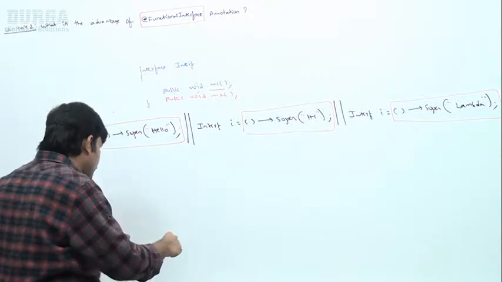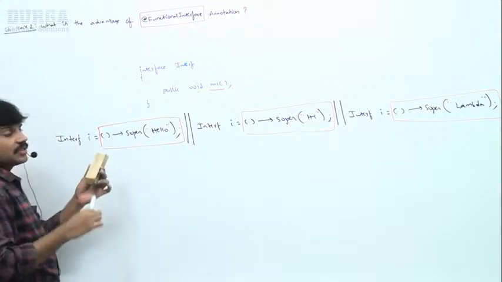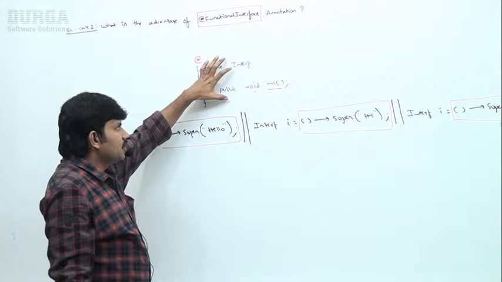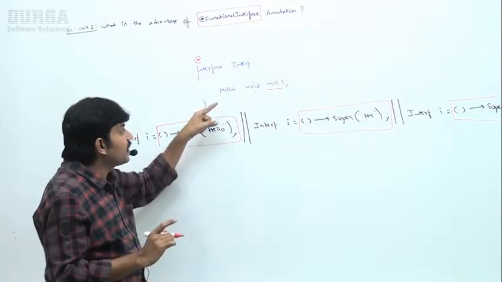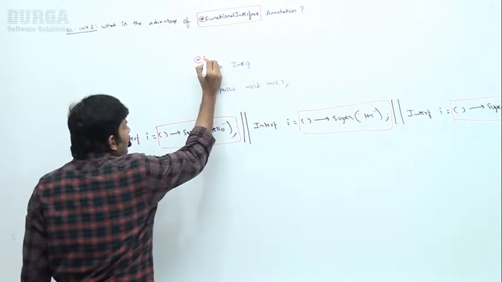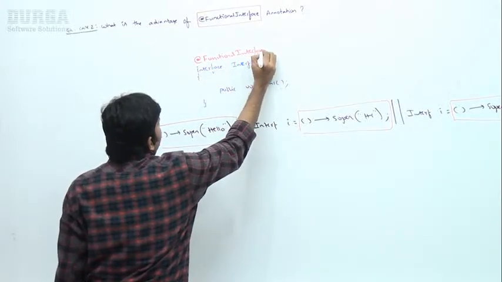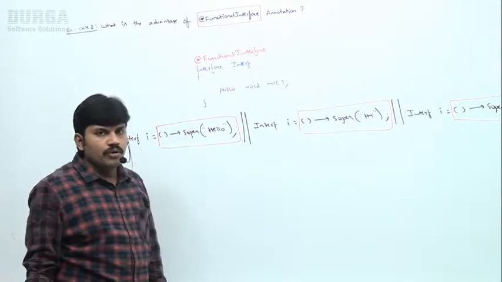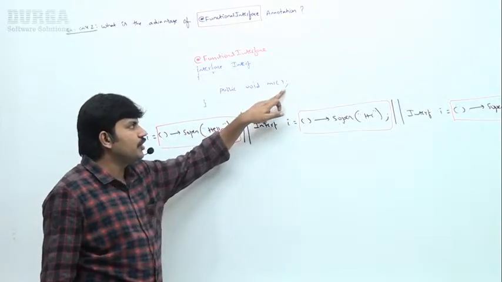How can we specify it explicitly? For that, the @FunctionalInterface concept came. I want to specify explicitly that this functional interface is used for lambda expressions, so don't try to add any new abstract method. By using @FunctionalInterface, by seeing this, everyone can get that it is a functional interface, it should contain only one abstract method, and it is not possible to add any new abstract method.